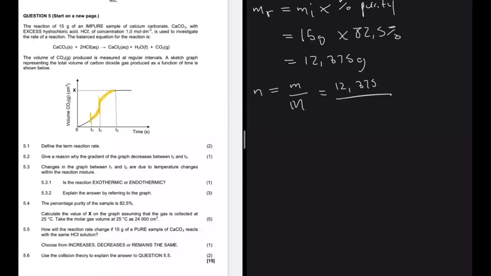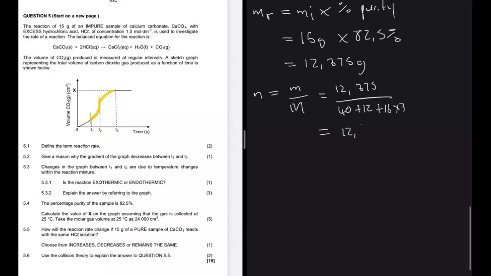So for calcium, we have a molar mass of 40, and then for carbon, that's plus 12, and then for oxygen, that is 16, but we have 3 oxygen atoms, so that's 16 times 3. So 12.375 divided by 40 plus 12, that's 52, plus 16, 32, 48.